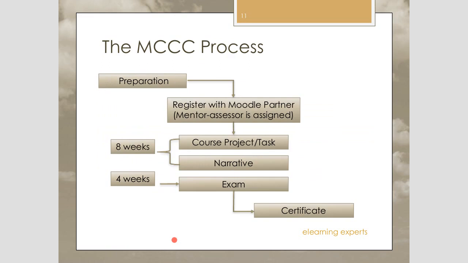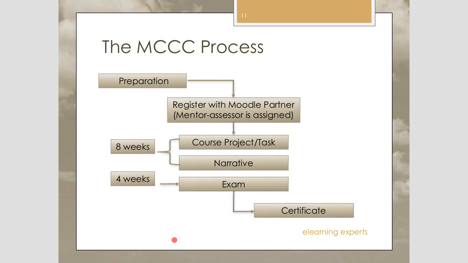So the whole process will consist of first you have to prepare. So you do that by using Moodle. And then you find a Moodle partner that offers the MCCC. Not all Moodle partners offer the MCCC, so you have to find one that does offer it.